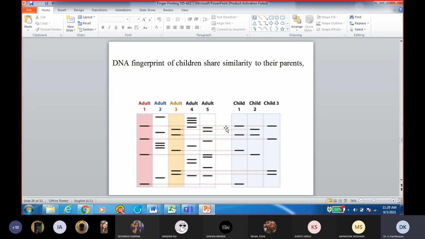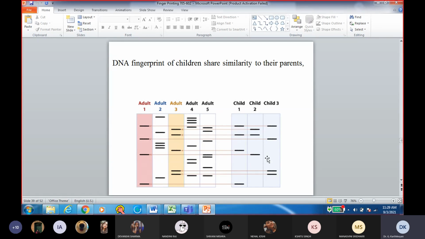You can actually see that child 3 shares a lot of similarity with adult 1, right? Child 3 shares a lot with adult 1 and adult 3. So it is possible that adult 1 and adult 3 could be the parents of child 3. You see the reason? You have a father and a mother, and child 3 belongs to adult 1.